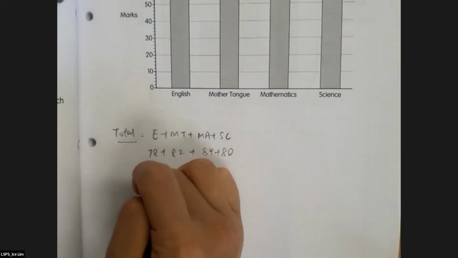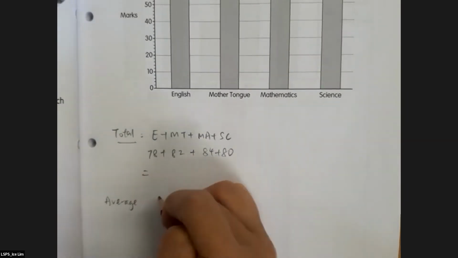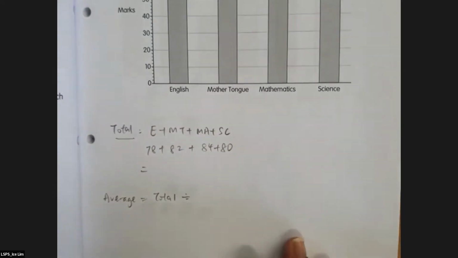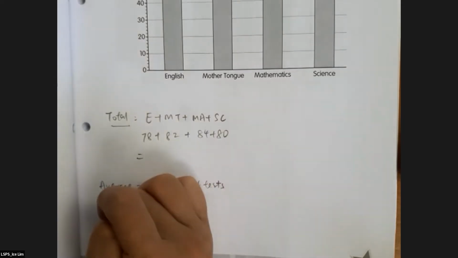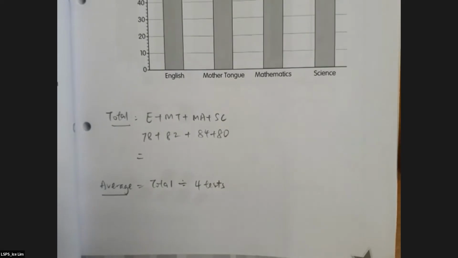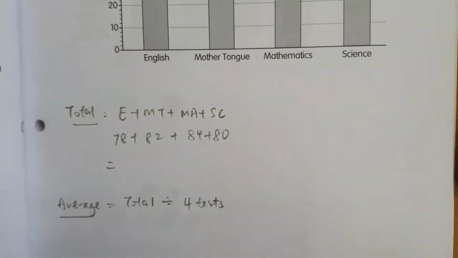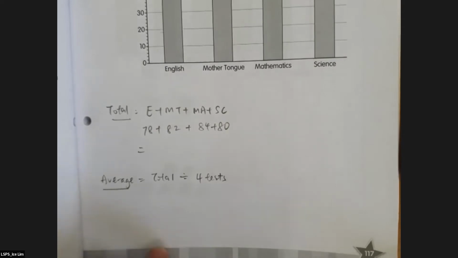Add everything together, then you find the average by using the total divided by the number of data, that is 4 tests. So on an average, one test is what score? Okay, this is the first method.